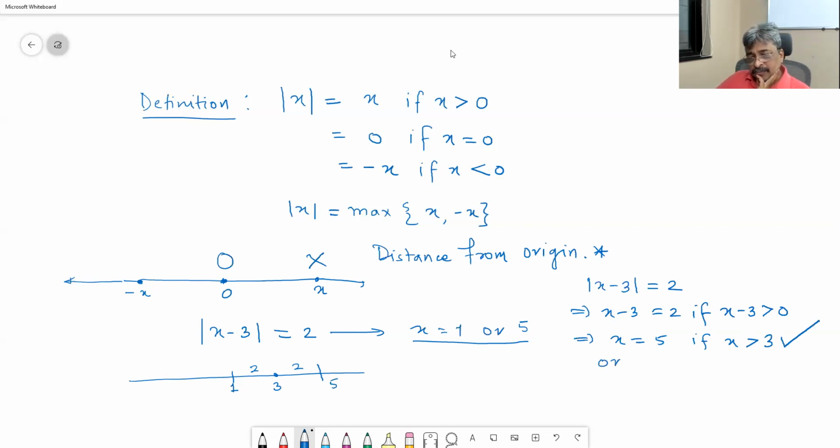Or opposite of x minus 3 is equal to 2 if x minus 3 is less than 0, implies x is equal to 1 if x is less than 3, correct?